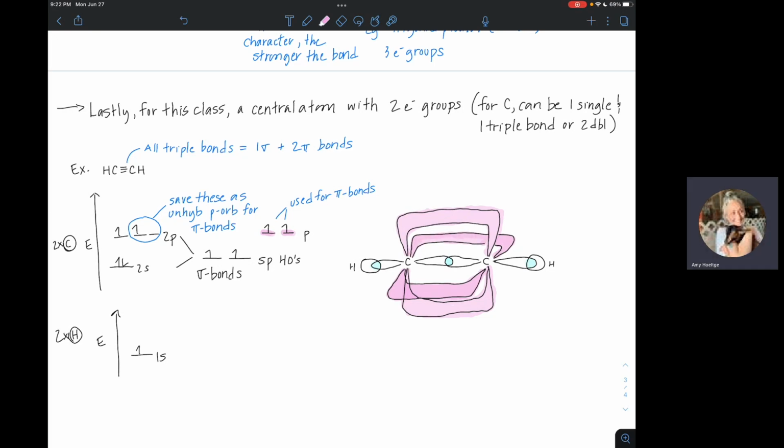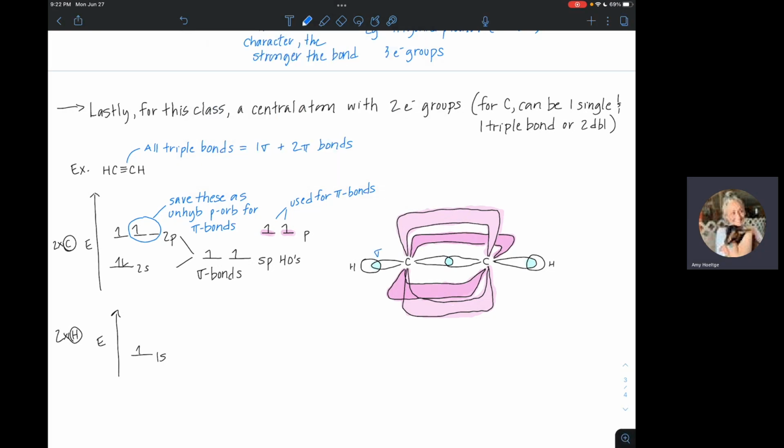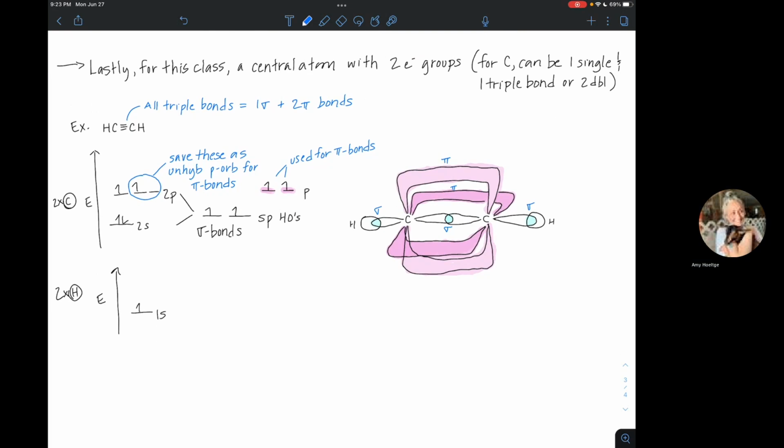So with our triple bond, we have two pi bonds, and we have a sigma bond. So here we have a sigma, we have a sigma, and a sigma. Those are used from our hybrid orbitals. Here we have a pi, and we have another pi. That's our triple bond.